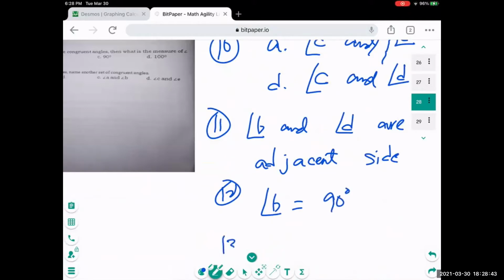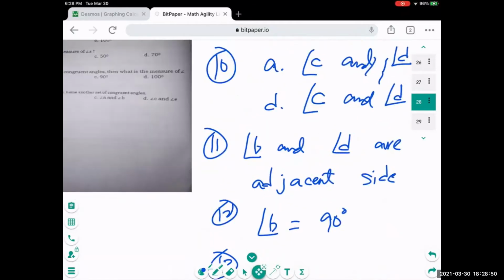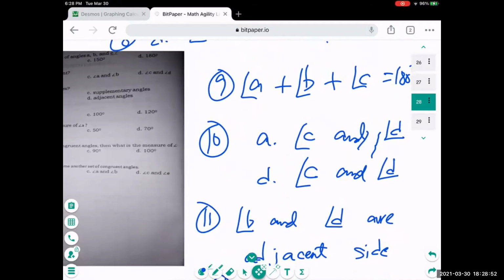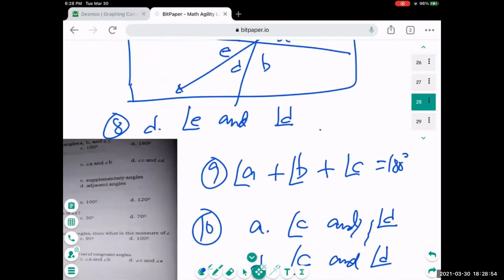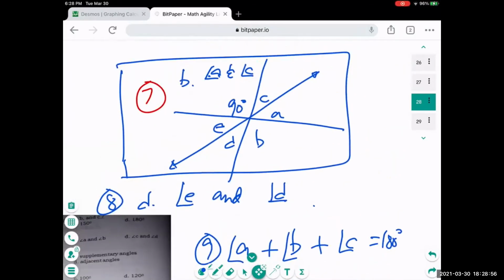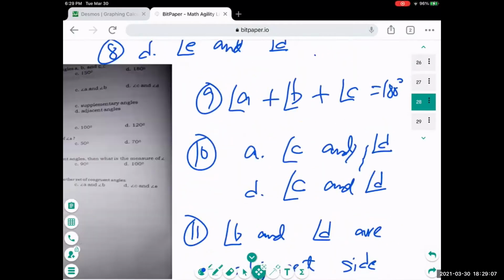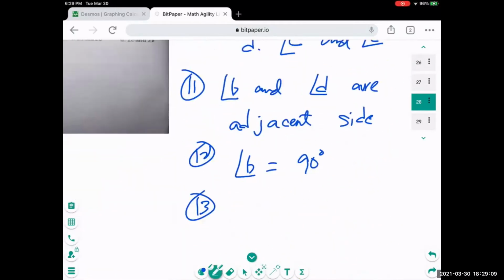And for number 13, if angle C is 20 degrees, then what is the measure of angle A? Since C and A, based on the drawing, are complementary, if C is 20 degrees, then angle A should be 70 degrees, right? So for number 13, the answer is letter D, 70 degrees.